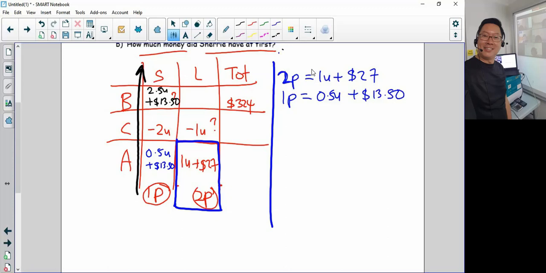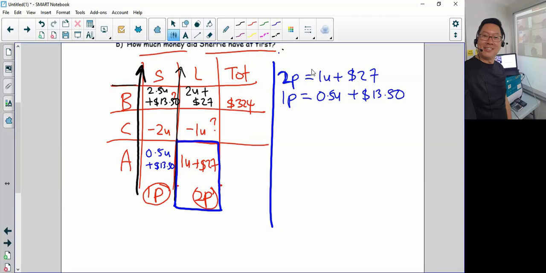All right, how about the other one? How about Leah? Same thing, work backwards. You take 1 unit and the minus 1 unit becomes plus 1 unit. So you get 2 units and $27. So Leah has 2 units and $27 at first. Okay, clear? So it's not very hard to fill in the box. Then finally, what can you do?